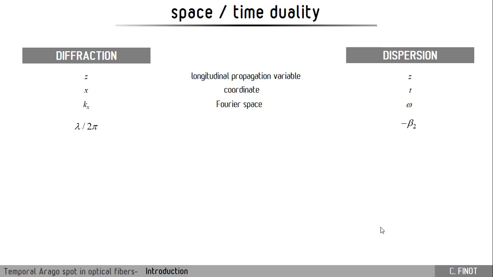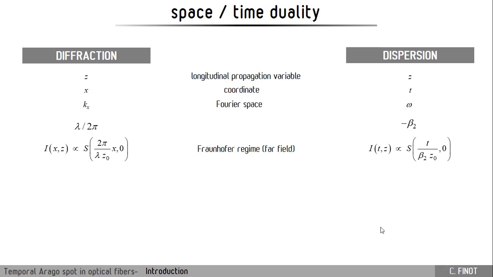So the analogy is quite simple to write, and with this analogy you can find that we have similar phenomena in both regimes. What we call the far field, the Fraunhofer regime in diffraction, we also have it in the field of dispersion. We can have in the spatial domain a lens.